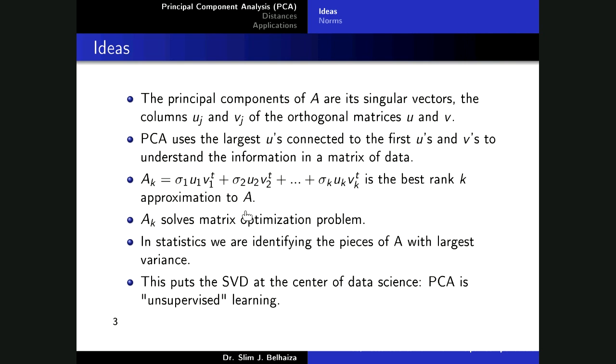In fact, AK solves a matrix optimization problem that finds the shortest distance between a rank K matrix and our data matrix A.